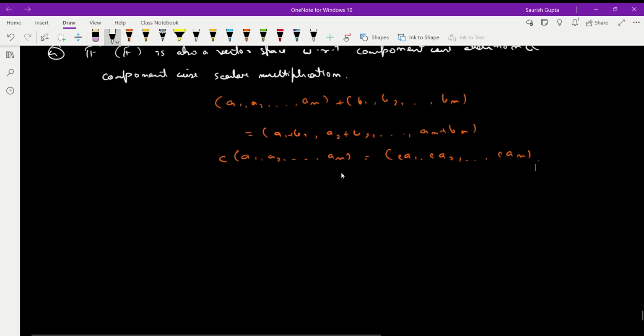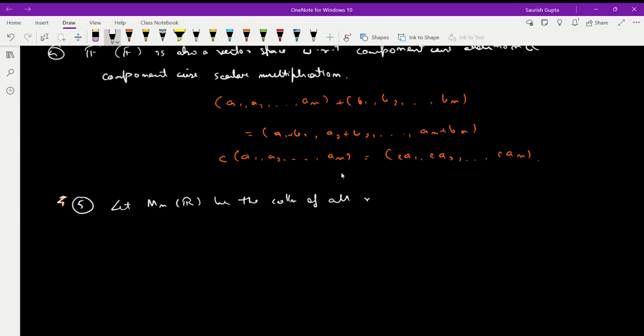Let us consider the next example, example number 5. Let M_n(R) be the collection of all real matrices of dimension n cross n, right?